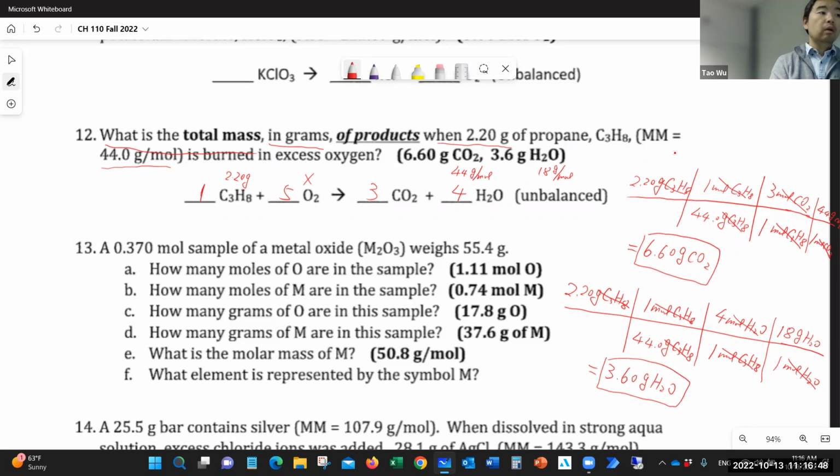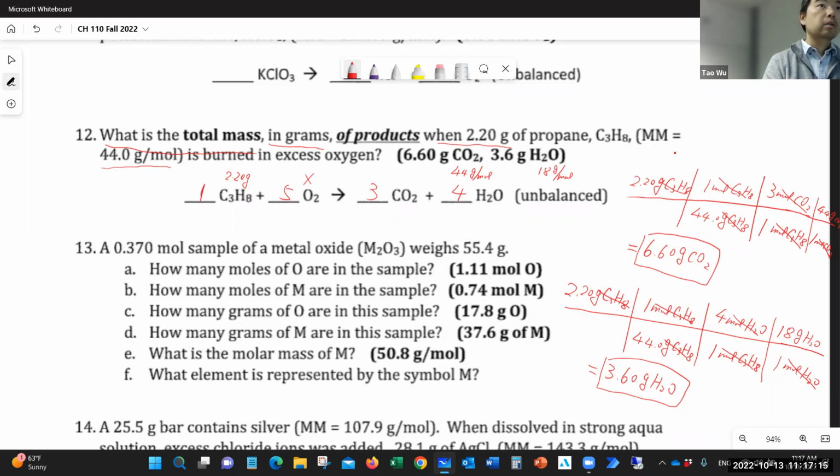You may ask, how come I only have 2.20 gram of propane, yet I can get more than 10 gram of product? Why not? We have oxygen. Oxygen is enough, but you didn't count the mass of oxygen. If you count the mass of oxygen in there, then you will have that much product.